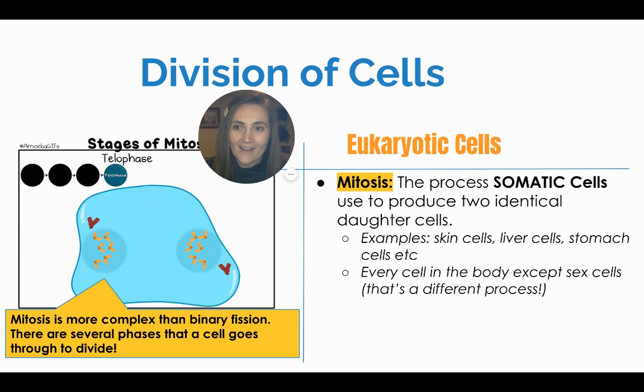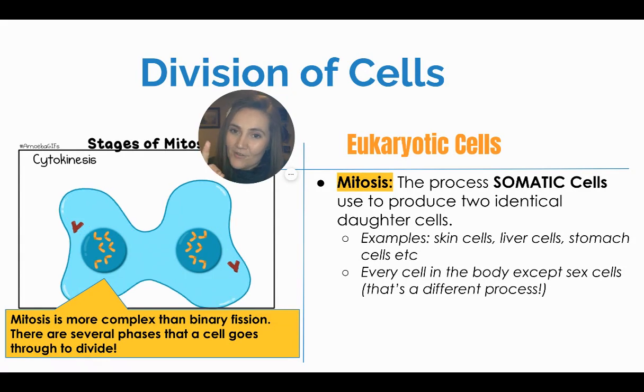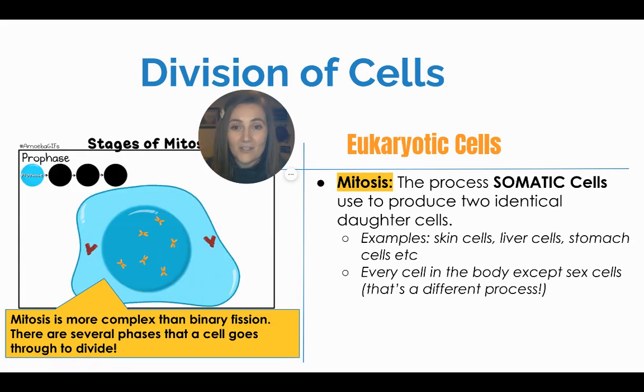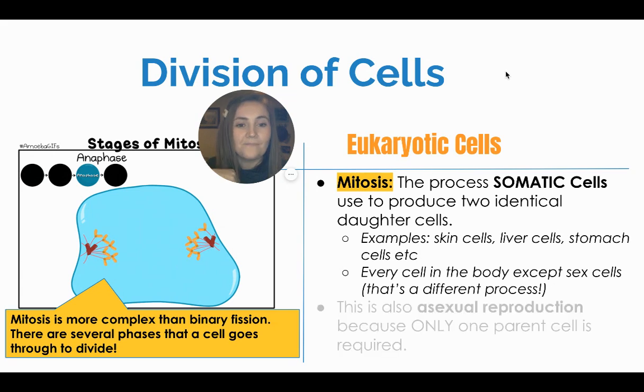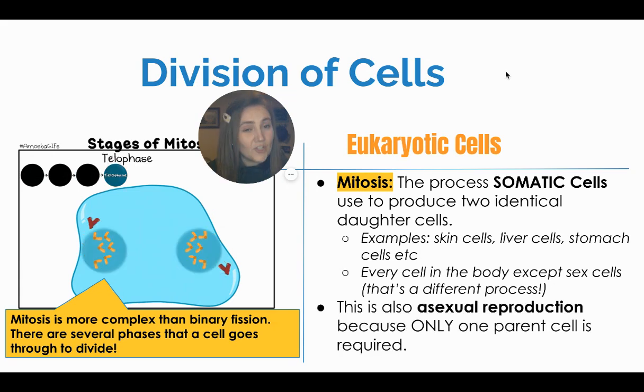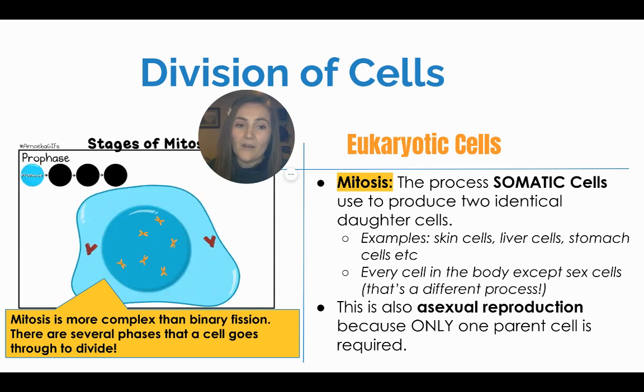We will talk about that process later next semester, but just know that every cell in the body, except for those two cells, uses mitosis to grow and make more cells and to replace damaged or old cells. This too, just like prokaryotic cells, is an example of asexual reproduction because it only requires one parent cell.